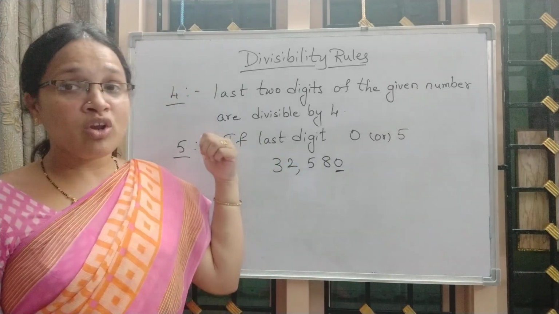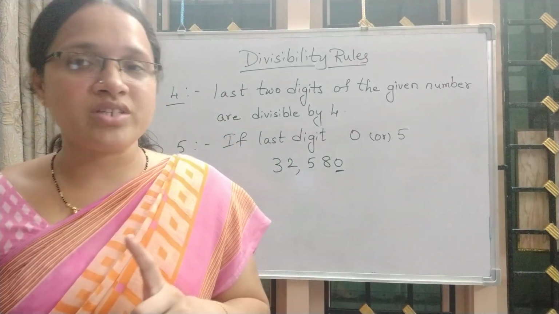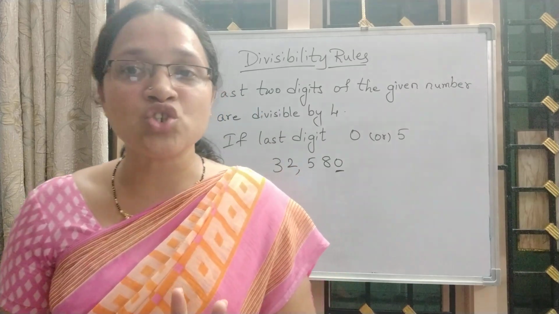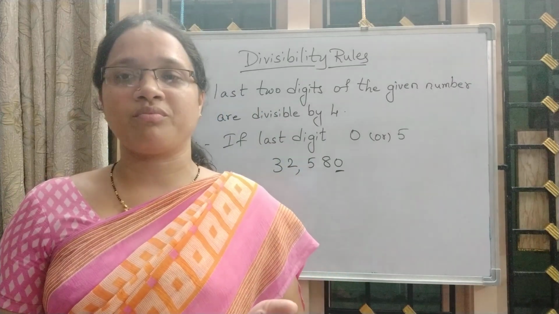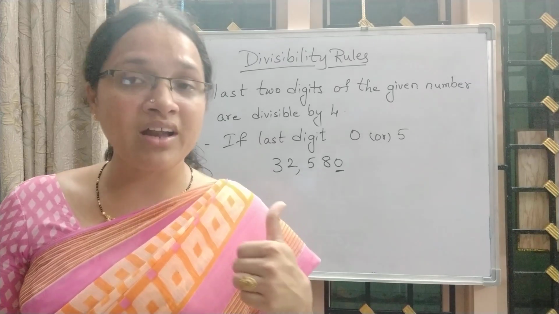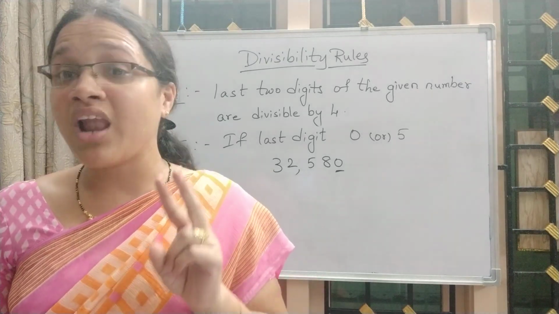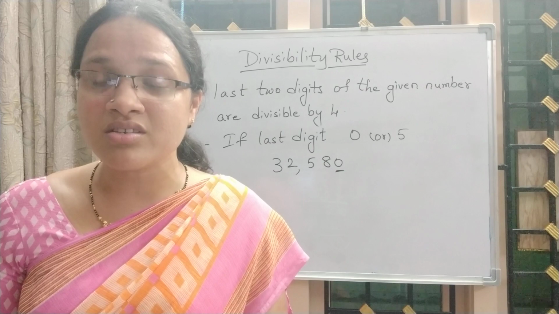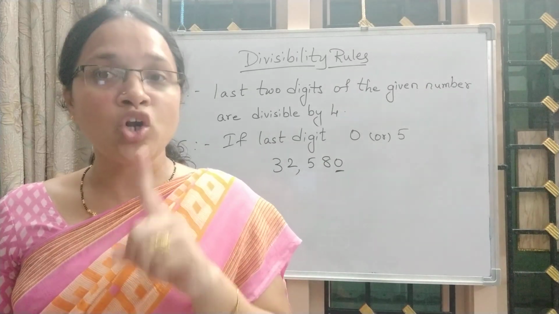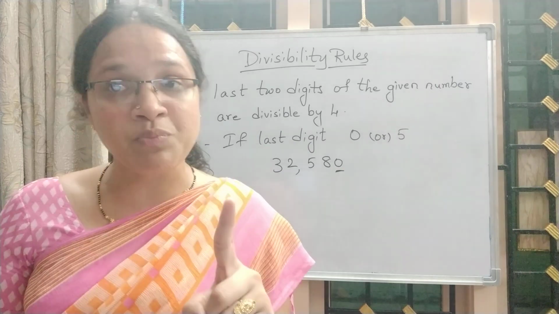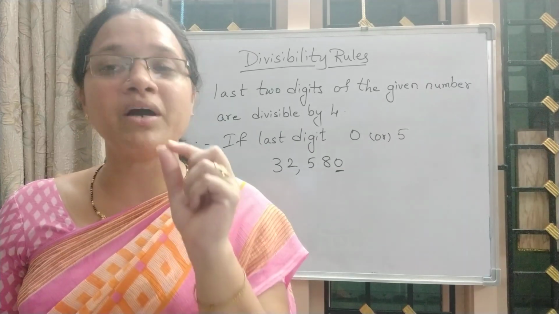Okay. Divisibility rule of 4. The last two digits should be divisible by 4, or they can be multiples of 4. And another thing we have learned here: if the last two digits are zeros, both of them should be zeros, children, not one single digit. Not only the ones place, the tens place should also be occupied by 0.